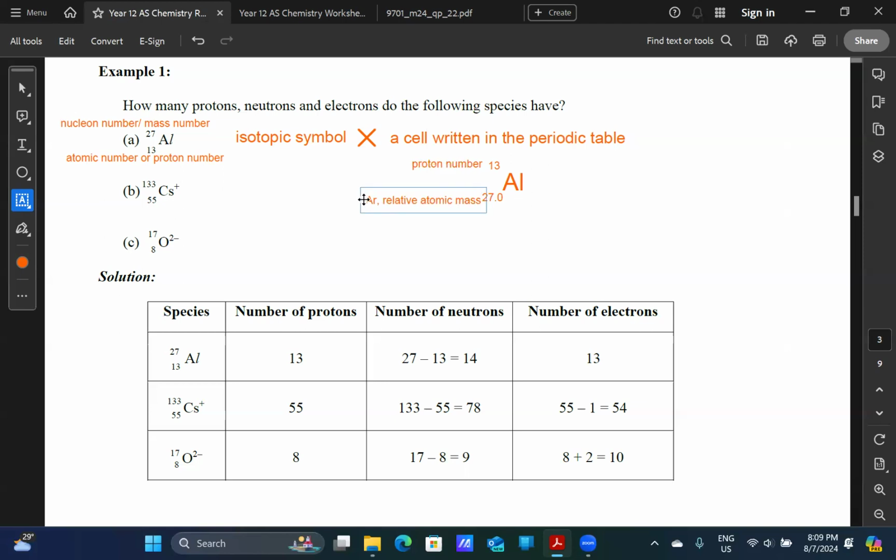What is AR? AR is relative atomic mass. We will need to use relative atomic mass when we come across the part on the mole concept later on.